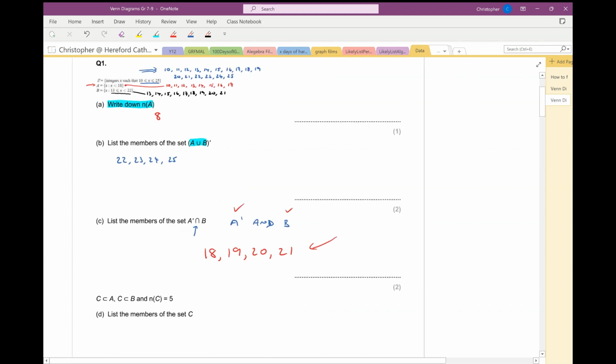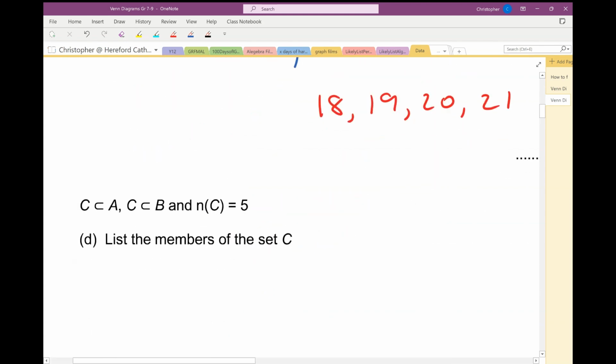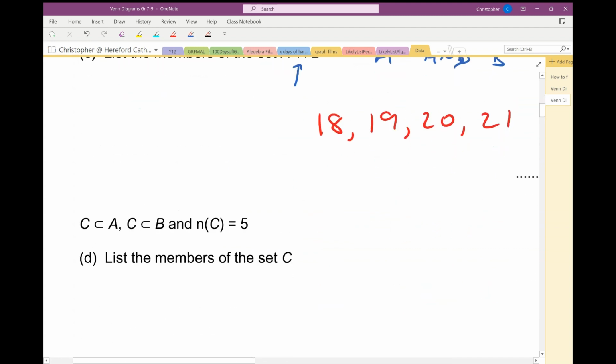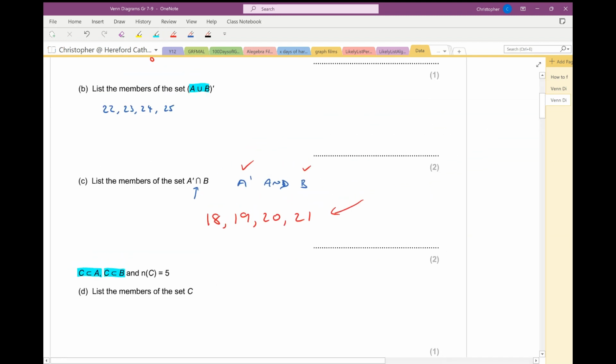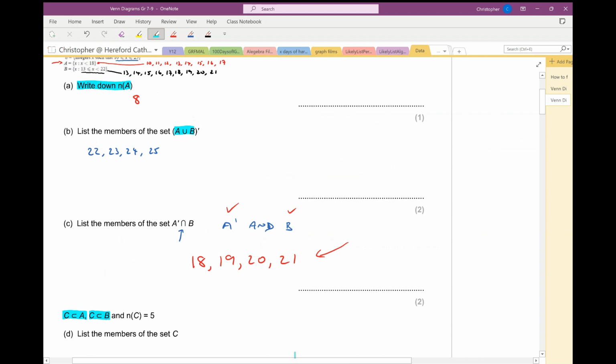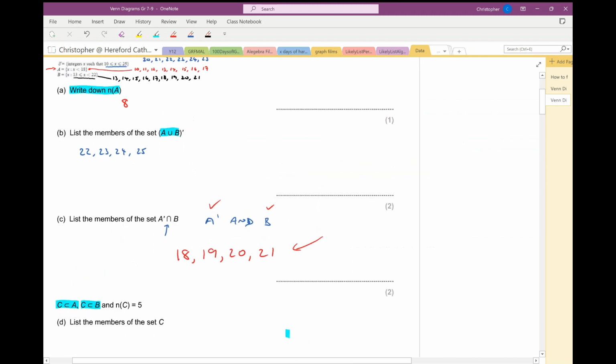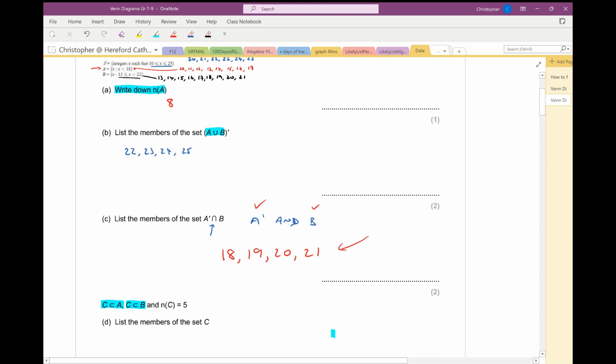Now, is C a new set? I think it is. C is a subset of A, so every member of C is in A, and C is also a subset of B, so every member of C is also in B. So if it's in C, then it's got to be in A and B. And there are 5 elements in C. List the members of C. So I'm looking for 5 numbers which are in A and also in B. Well, it's 13, 14, 15, 16, and 17, isn't it?